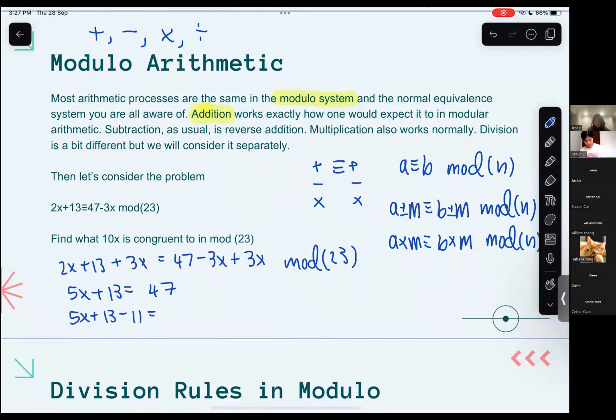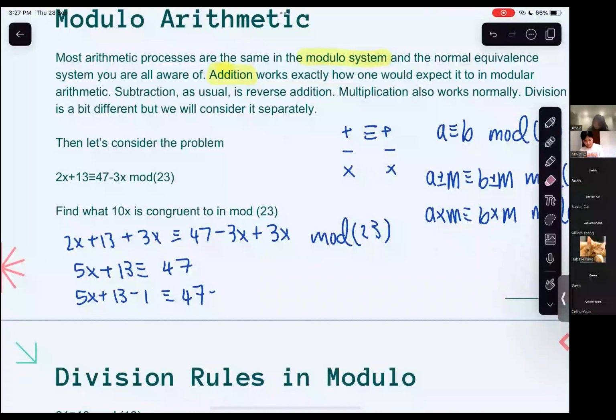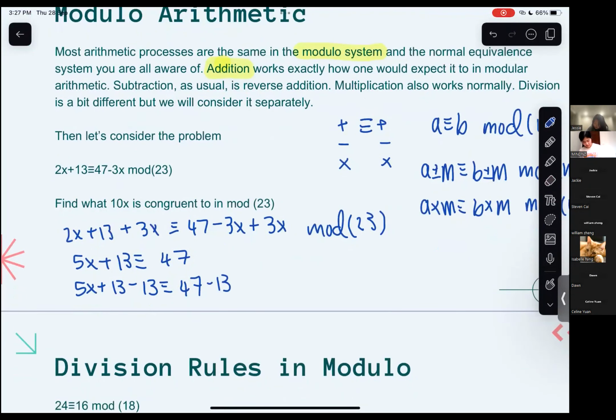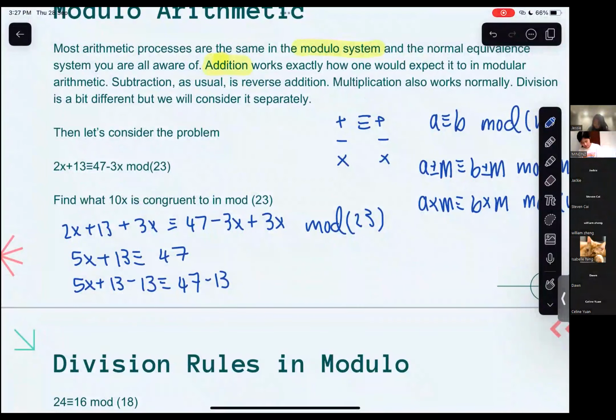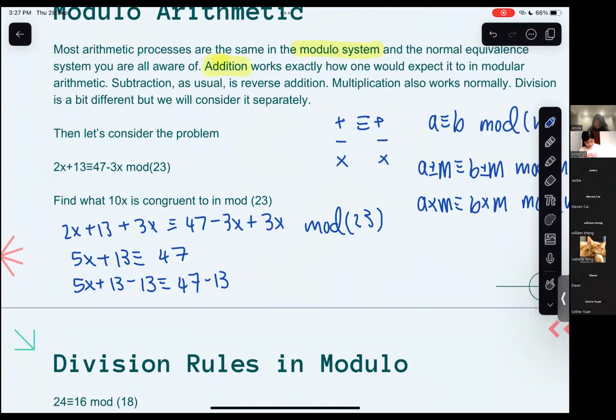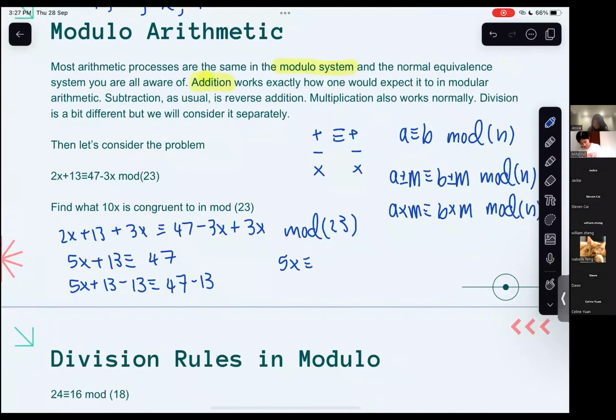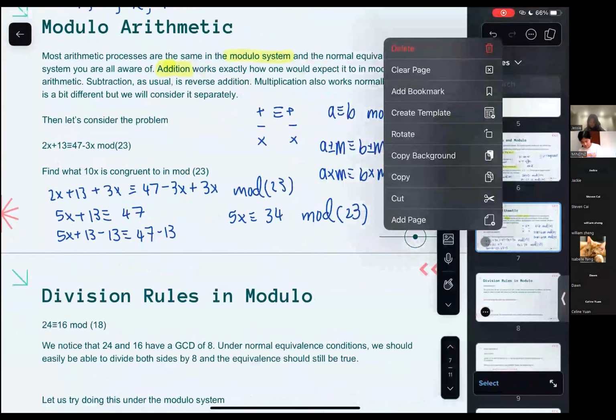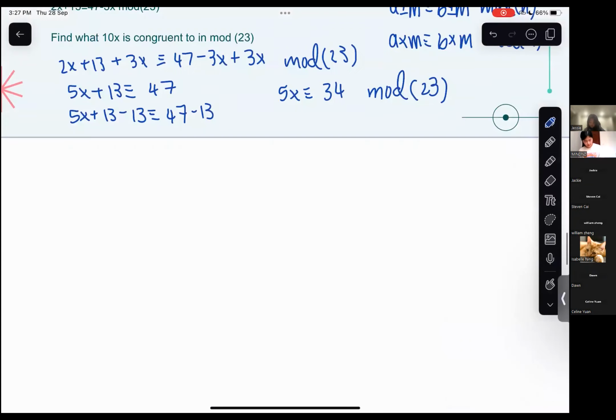So yeah, we subtract 13 from both sides, until 5x is congruent to 34 mod 23. Yep. And then I've changed that into 5x is congruent to 11 mod 23. Okay, so we have 5x.